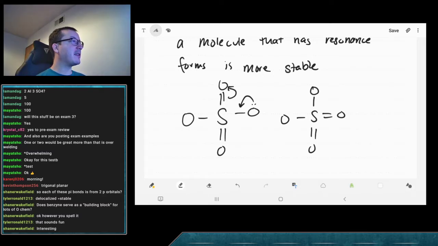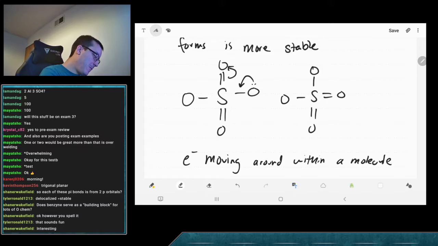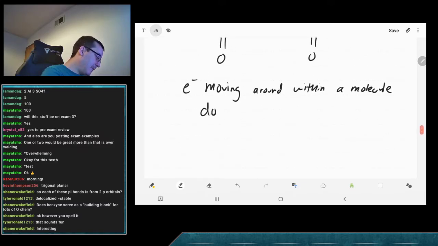And so because these electrons can flow around, they're not going to be able to react with other things. They're kind of flowing around within their own molecule, delocalized, and so they're going to become unreactive. And remember, unreactive means stable. So with the electrons moving around within a molecule, they don't react easily.